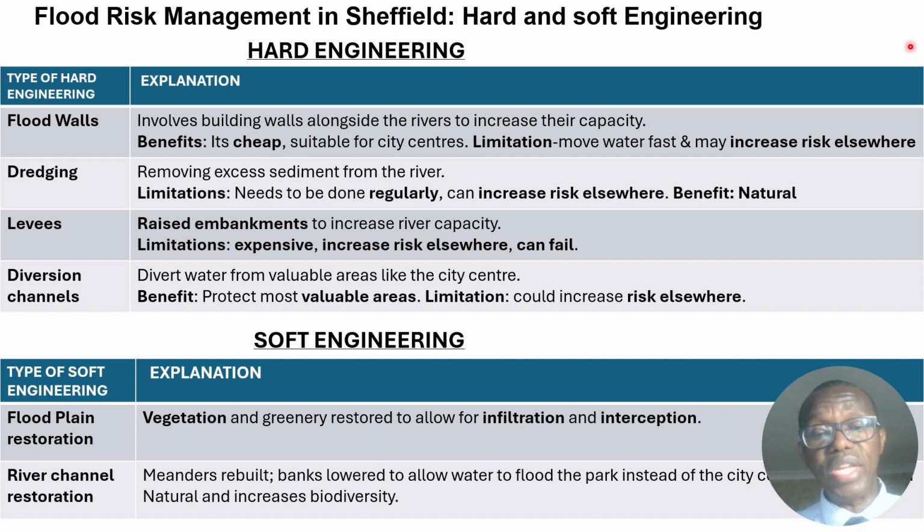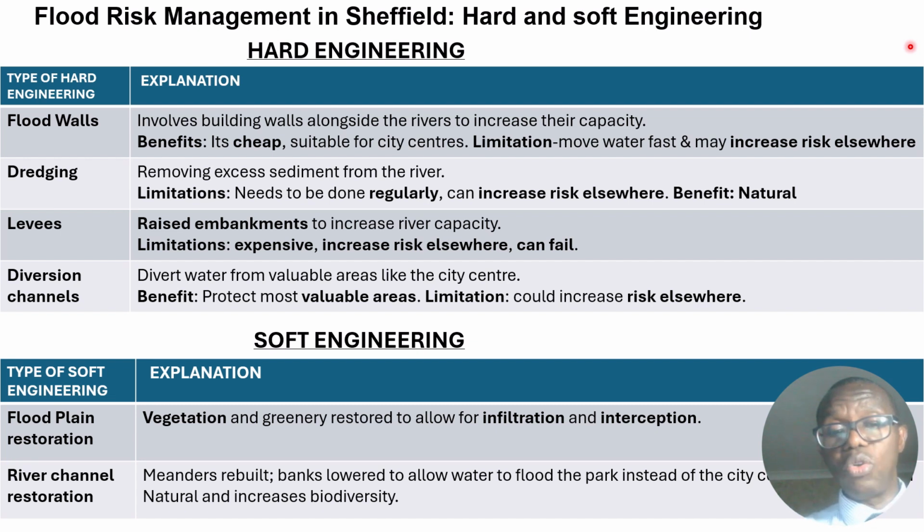So for types of soft engineering, you have floodplain restoration here, and this is where vegetation and greenery is restored in an area to allow for more infiltration and interception. So you just basically plant more trees to ensure that you're reducing the flood risk. Then you have river channel restoration as well, and this is where you rebuild your meanders, and that ensures that the water is flowing a lot slower through the area.